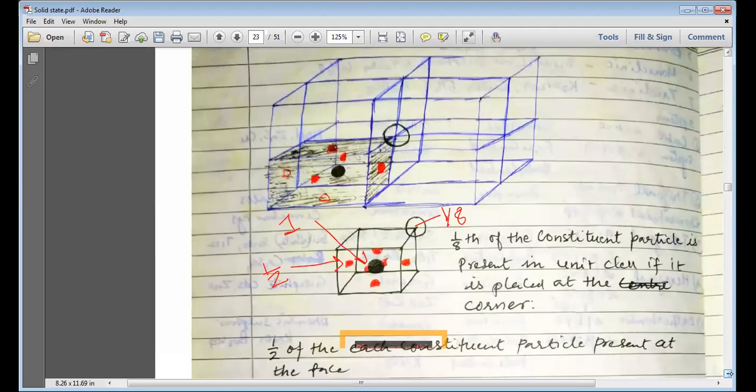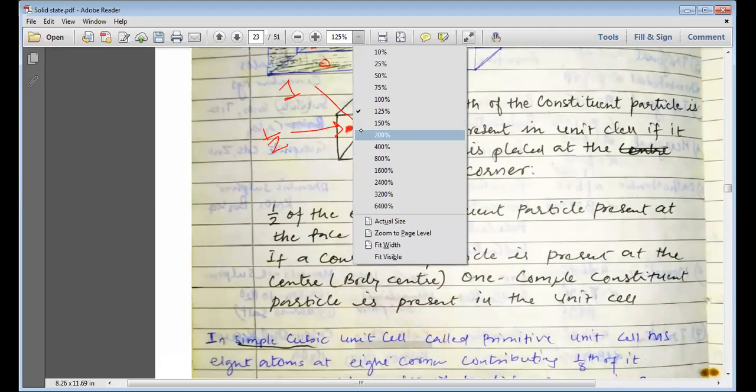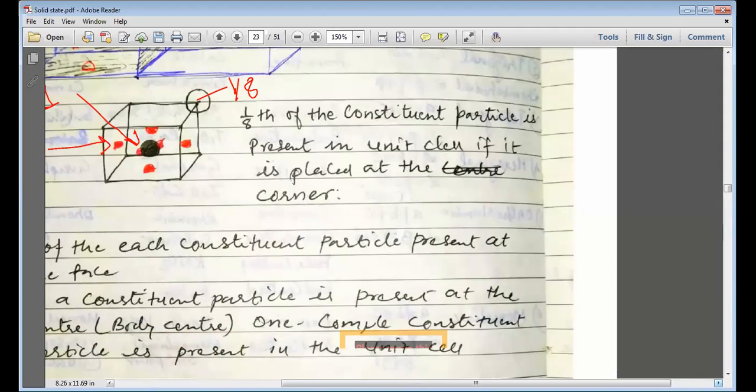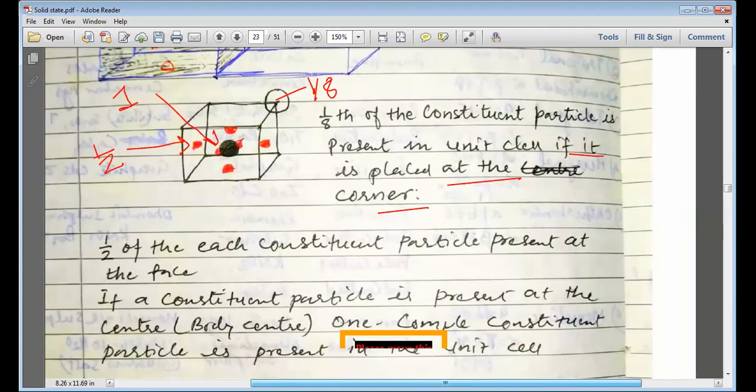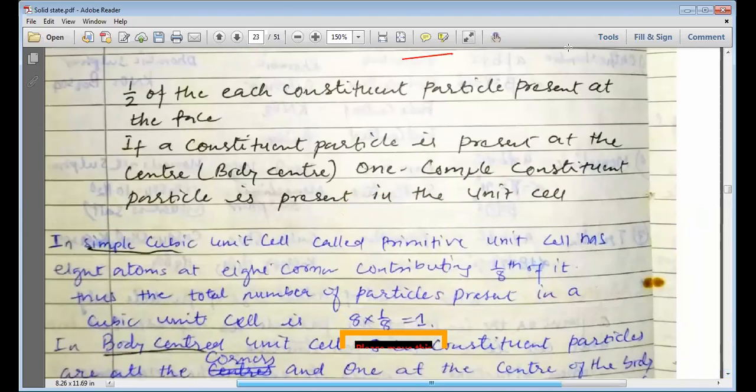Now let's read what is written over here. 1/8 of the constituent particle is present in the unit cell if it is placed at the corner. So if the particle is placed at the corner, we will have the 1/8 part of it present.